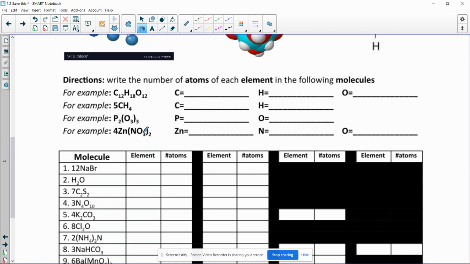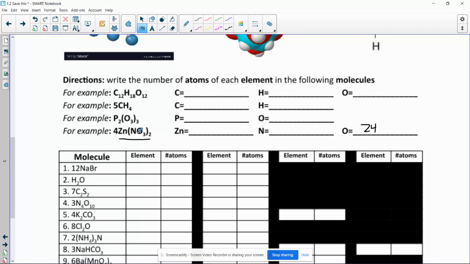So I'll start with oxygen. There's 2 O3s, so that means 6 total. But there's 4 of all of this. So I do 2 times 3 is 6, times 4 is 24 oxygen. And then 2 nitrogens, 2 times 1, but there's 4 of all of this.